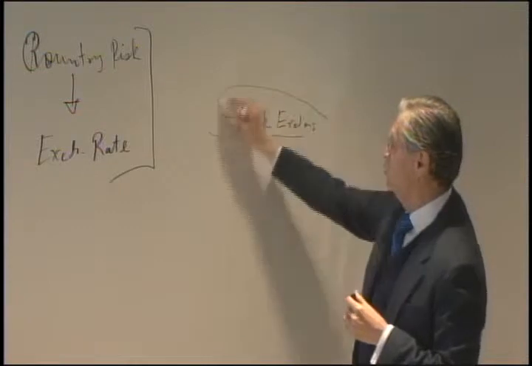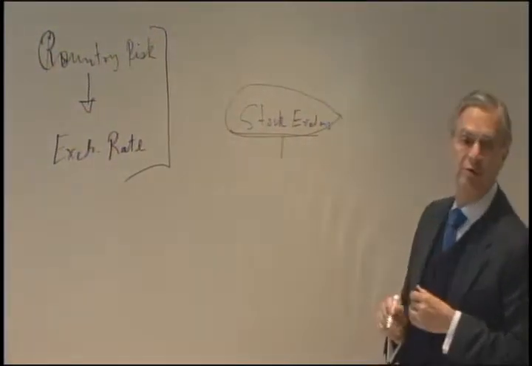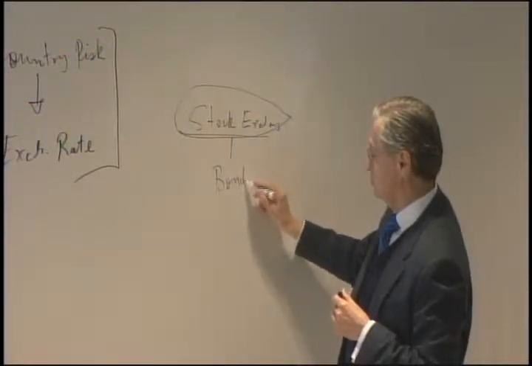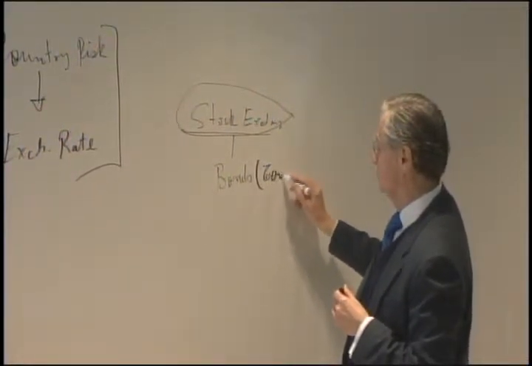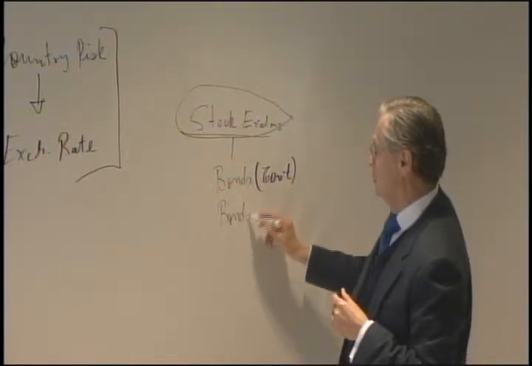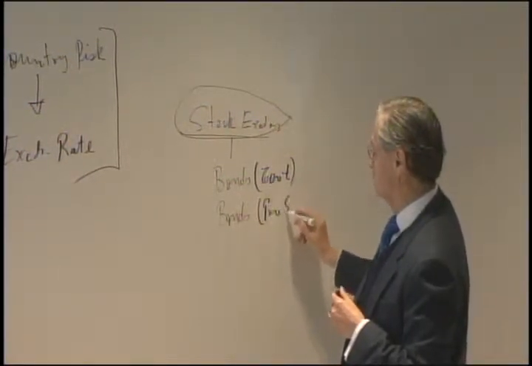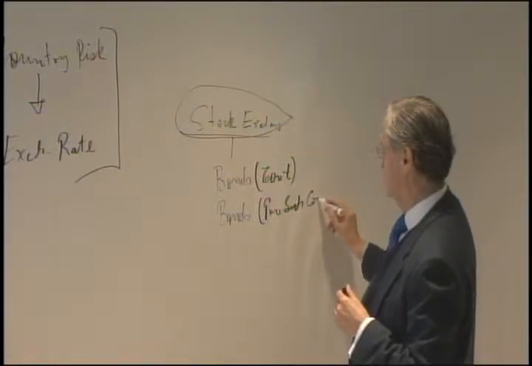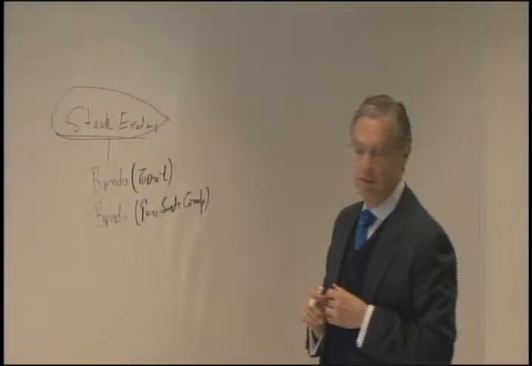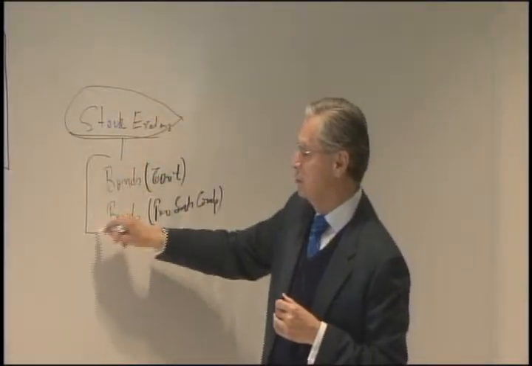Now, what do you do in the stock exchange? You're going to be trading what? You're going to be trading bonds, and this will be government bonds, yeah? Yeah, but we also have bonds of private sector companies. These are called what?